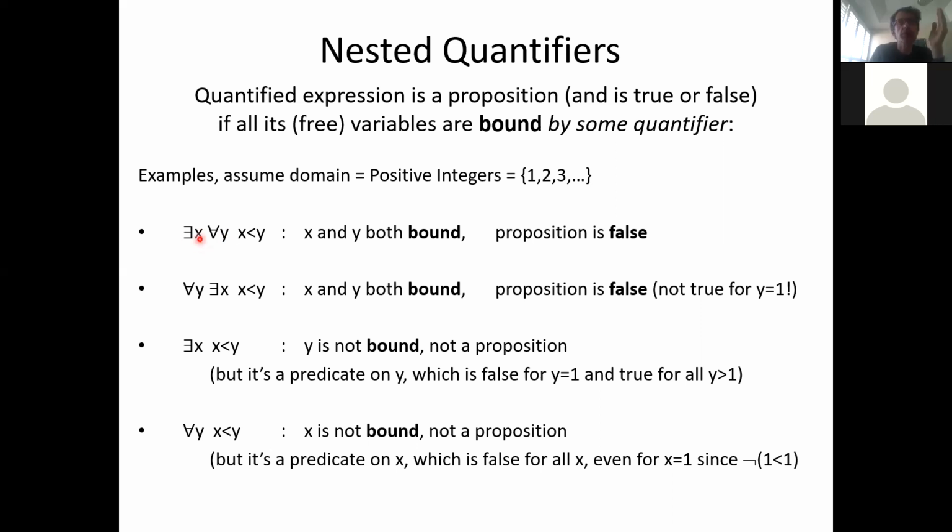So in order to show that this is false, I have to show that for all x's, the opposite holds. Namely, that there exists some y that makes this statement false. That y is not greater than x. Maybe some of you can guess what that y is.